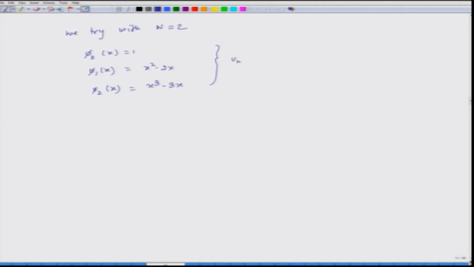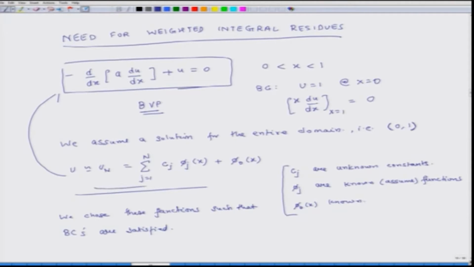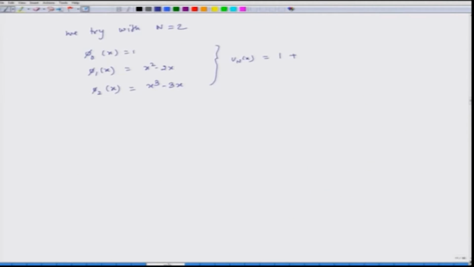So, my un of x is 1 plus C1 times (x square minus 2x) plus C2 times (x cube minus 3x). So, this is our equation.